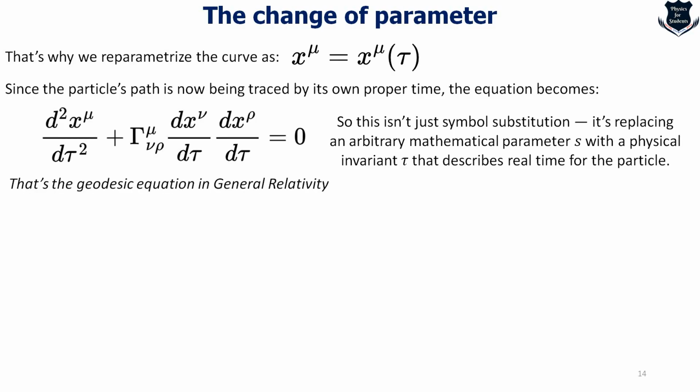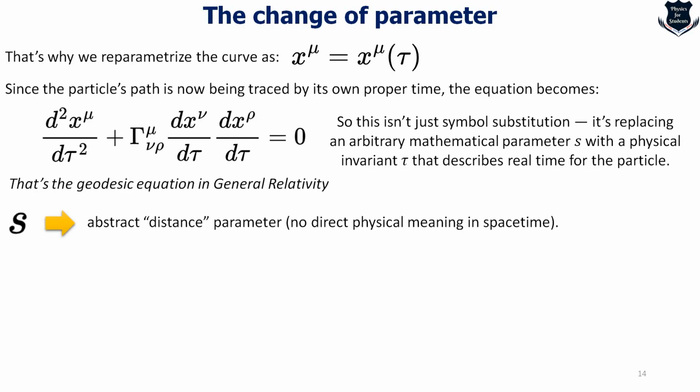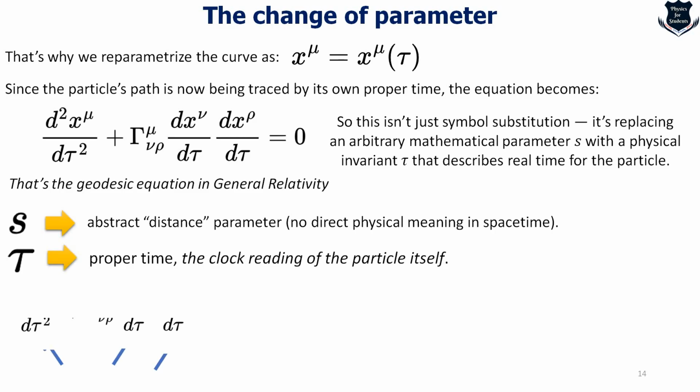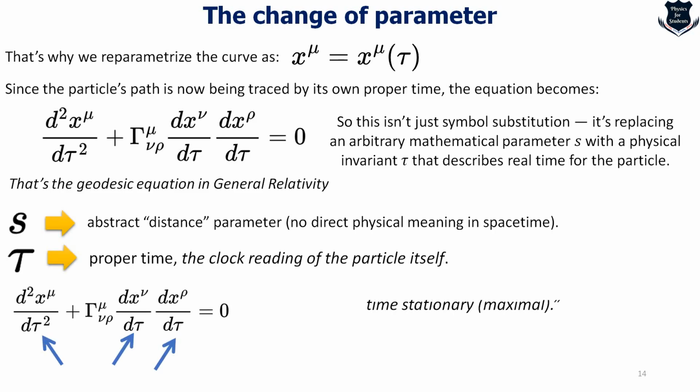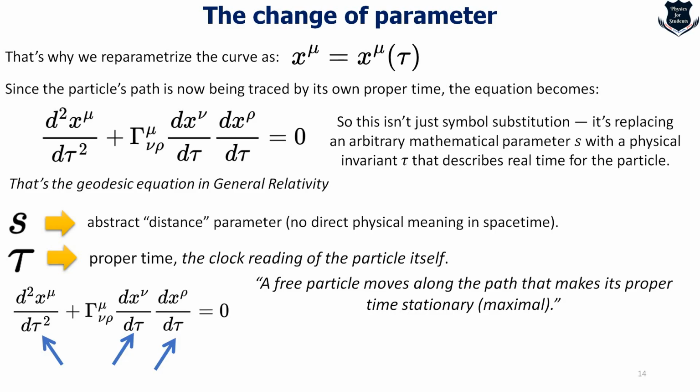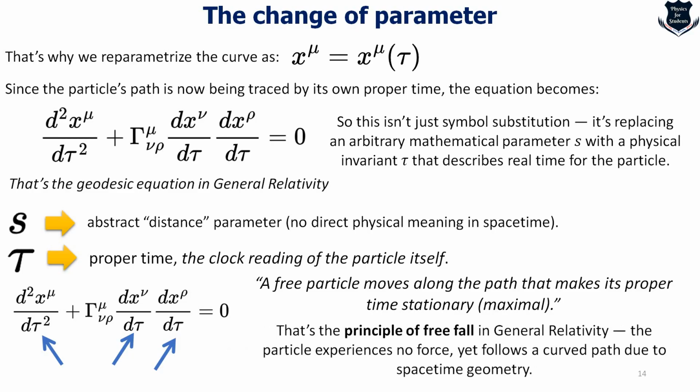So this is the geodesic equation in general relativity. S, being the abstract distance, is now replaced by tau, the proper time, and you can see all the taus over there. And here we can see a free particle moving along the path makes its proper time stationary. That is what is called the annus mirabilis, which Einstein found when he was sitting at his office in Bern, Switzerland: that if the floor is collapsing and he is falling down, that is the principle of free fall, or the equivalence principle, that you really feel weightless.